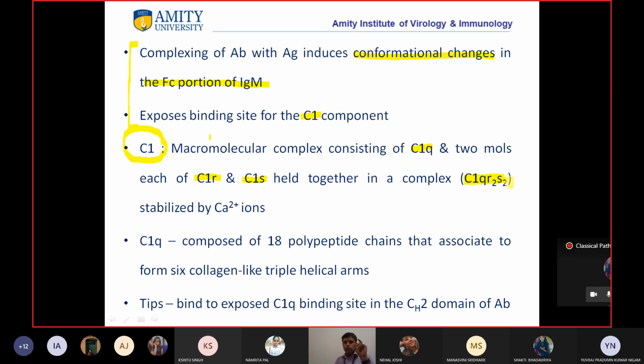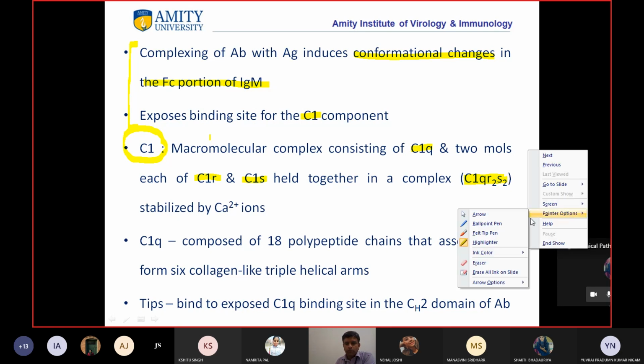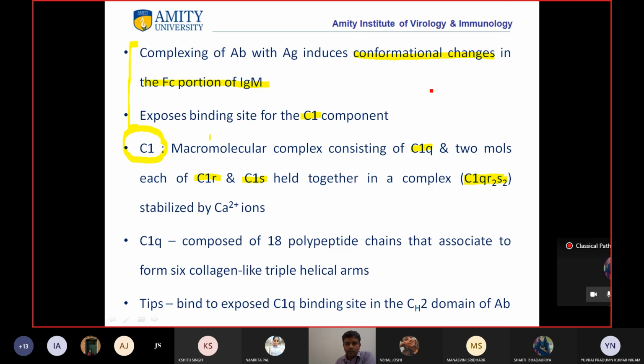So when we are talking about C1, it's a complex in which different proteins are together. And which ones are they? You just need to remember this.